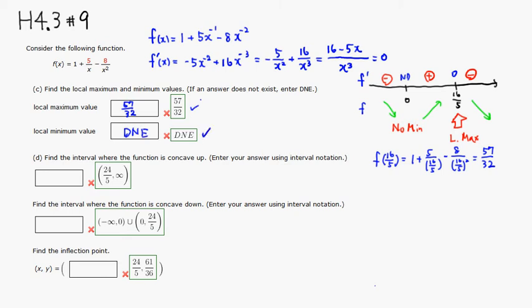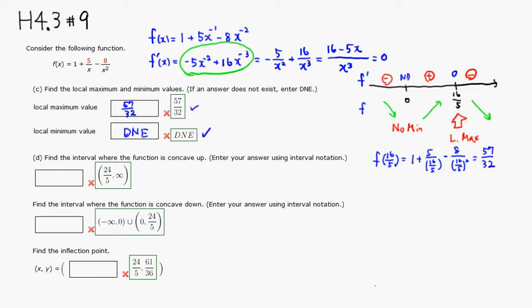Alright, then we want to find the interval where the function is concave up and concave down. So we have to take another derivative. The first derivative is here. Maybe it's easier to take the derivative of that.